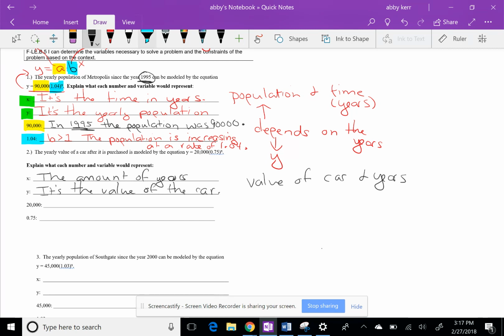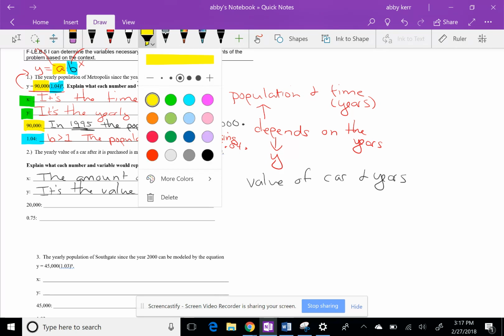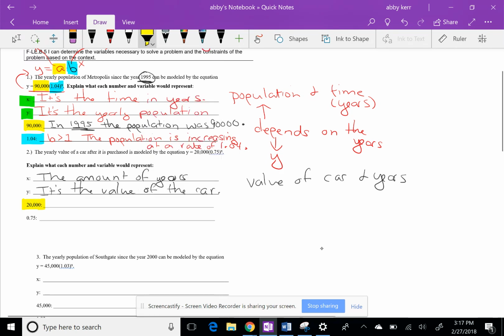Now, just like in the above example, we have 20,000. But remember that we're talking about the value of the car. So in the beginning, or the original value, is 20,000.